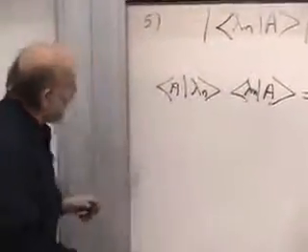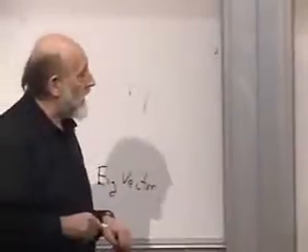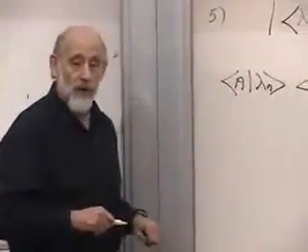The answer is the component of A along the eigenvector lambda n times its complex conjugate.